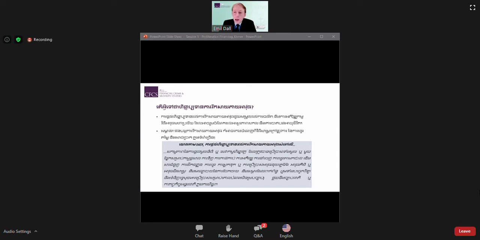And the Financial Action Task Force, the international standard setter on issues of financial crime, in 2010, they provided a working definition for proliferation financing that I think provides a good starting point for our session today in order to understand what we mean by proliferation financing.